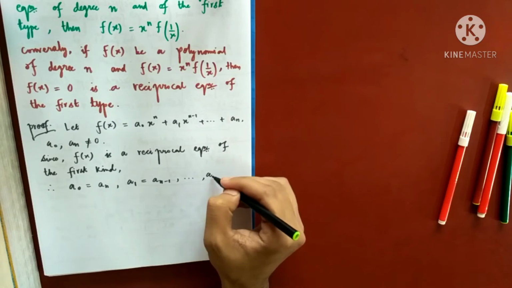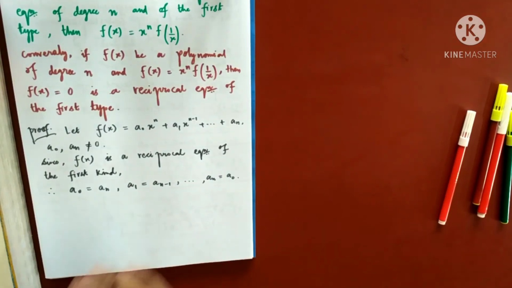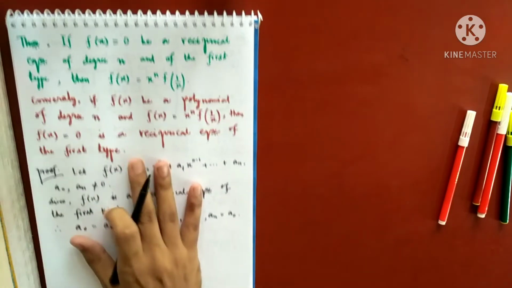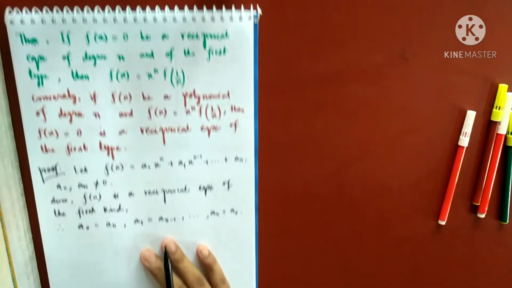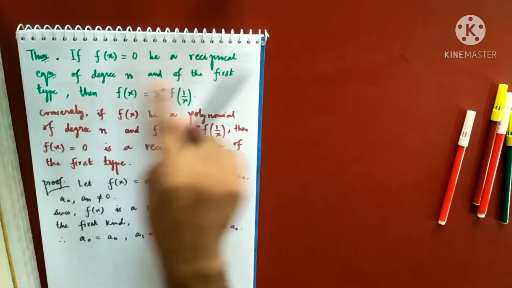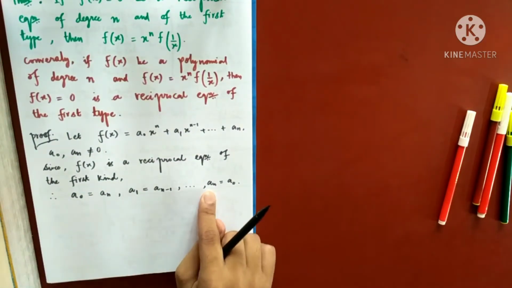The last coefficient will be same as the first coefficient. So see what I have done up to now. What is given in the question? f(x) be a reciprocal equation of degree n. So I have taken an equation of degree n, and because it is a reciprocal equation of first type, this must hold. Okay.